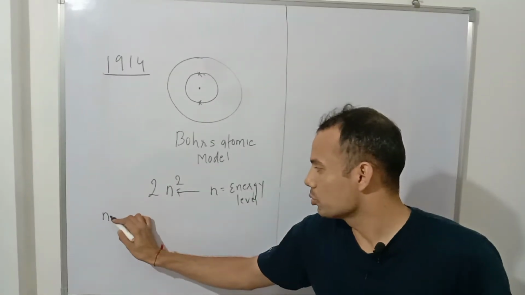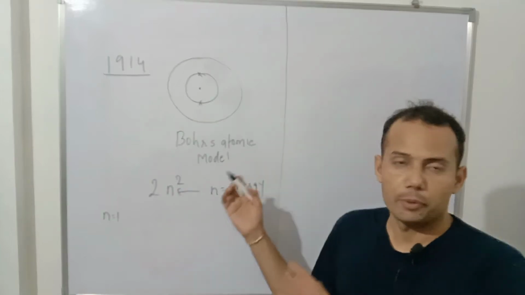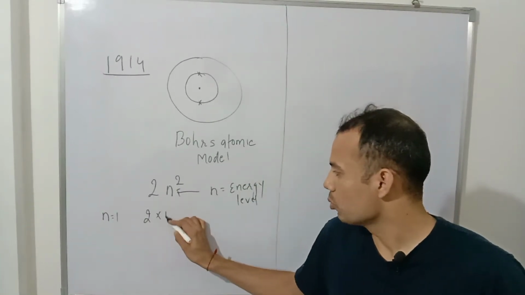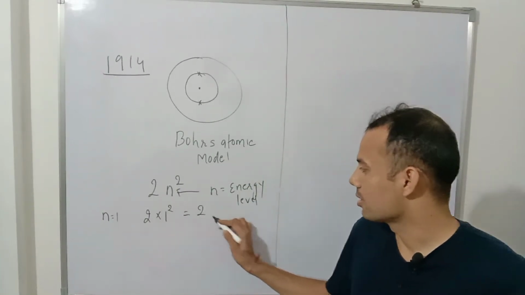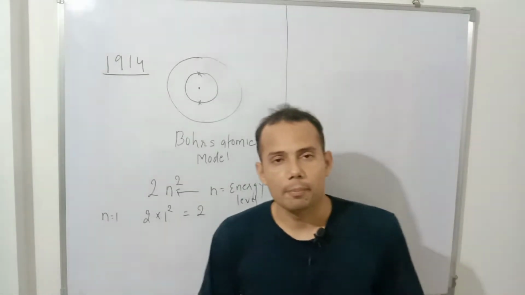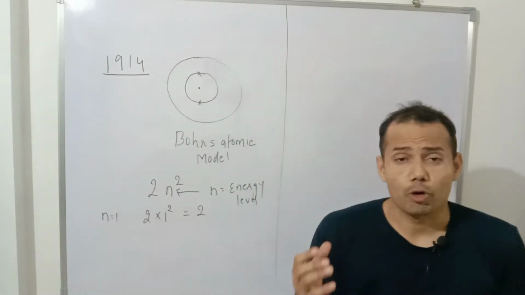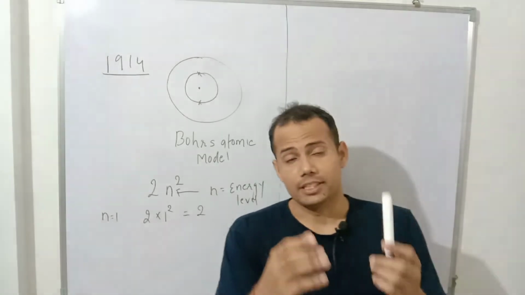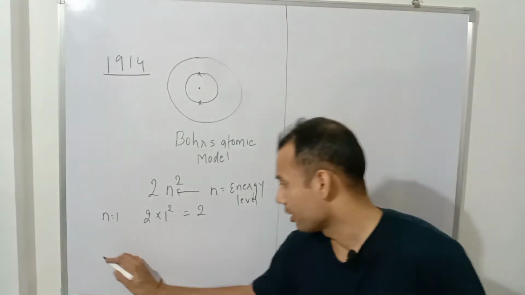As per the formula, if I take n equal to 1 and put it in this formula, it becomes 2 into 1 squared. So the answer is 2. So the maximum number of electrons that can occupy the first orbit is 2.